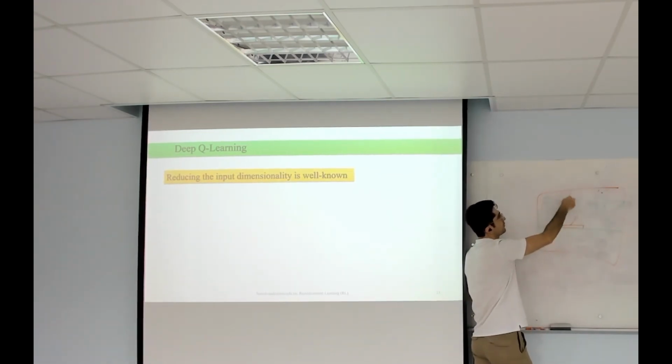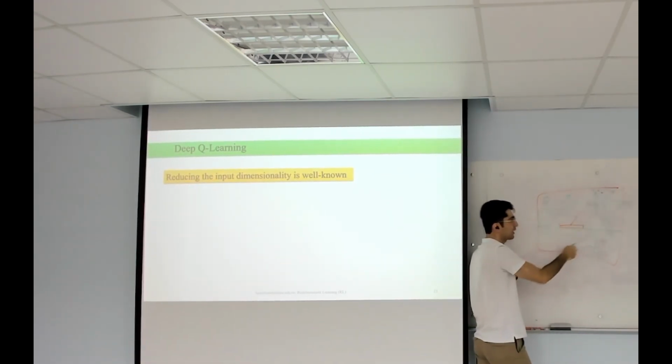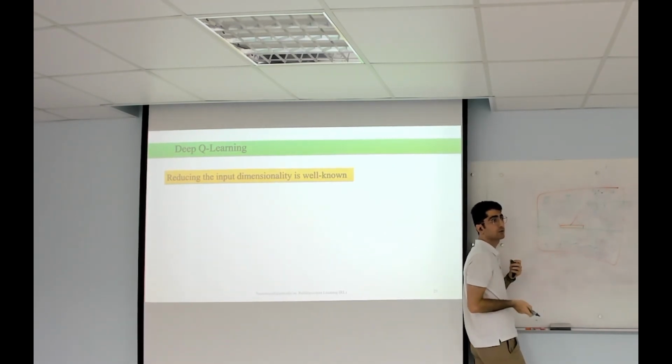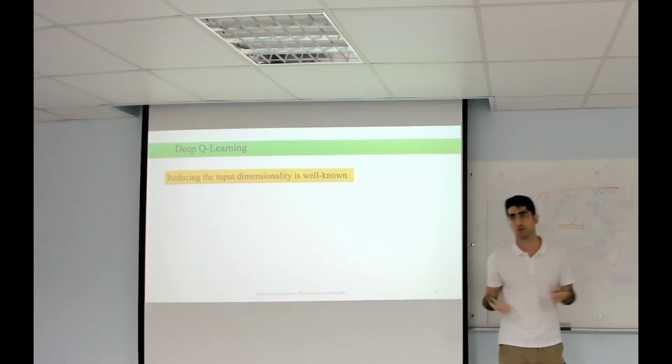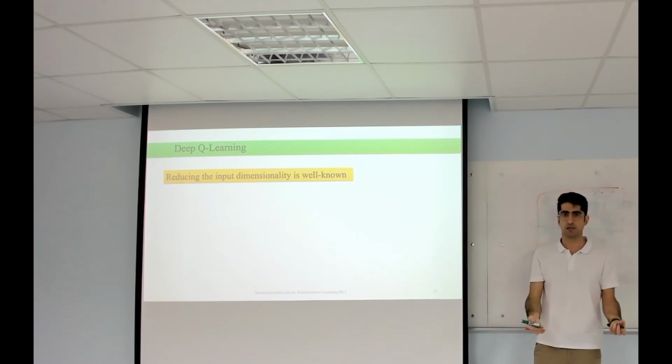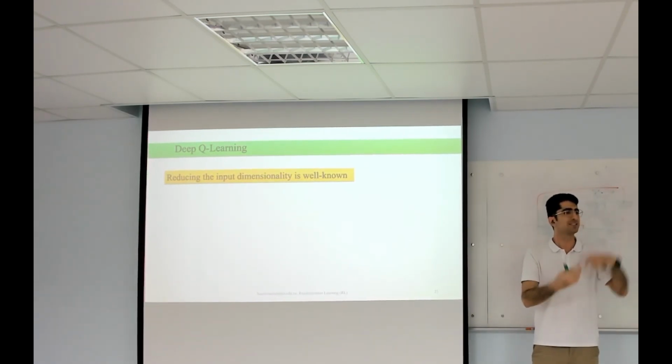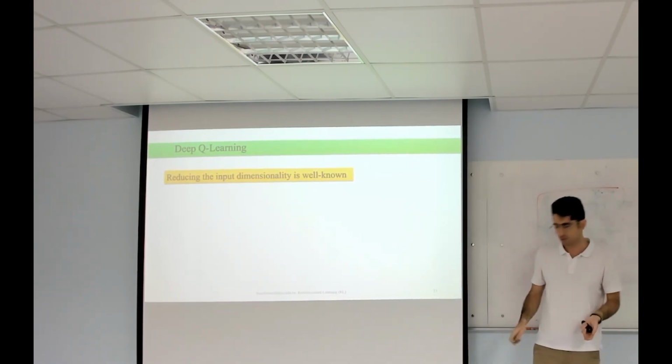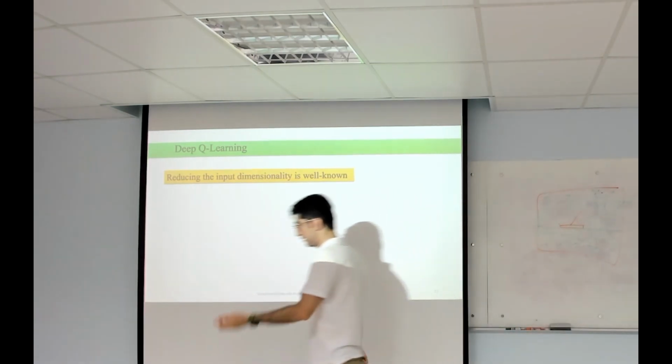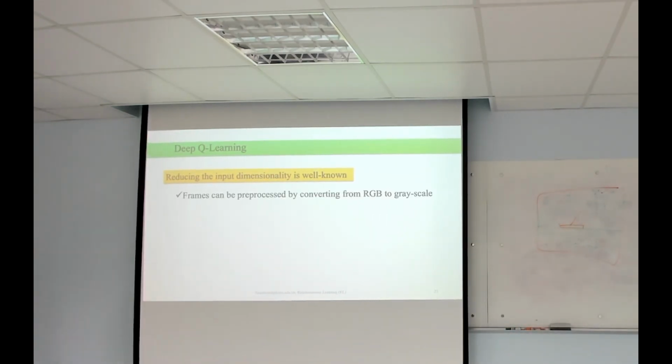Why should you have these other parts? So you can cut them and throw them out. Based on the problem that you have, if you see that you have lots of useless information, cut it and throw it out. That's one thing that we should consider.